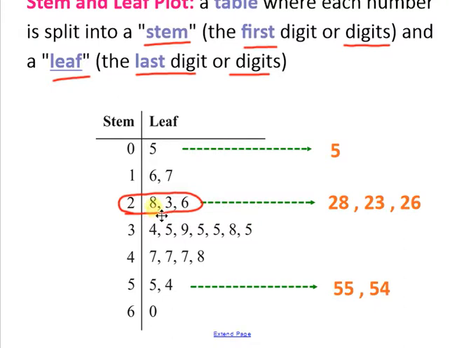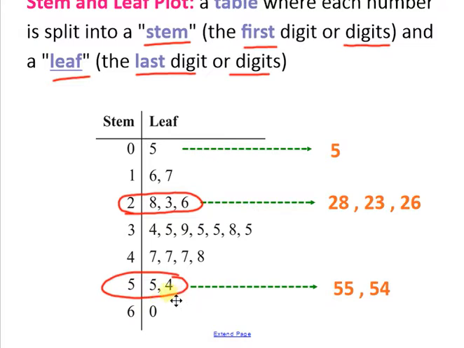So this is actually 28, 23, and 26. If you look down here, the stem tells you the first number for each leaf, and that's going to be 55 and 54.